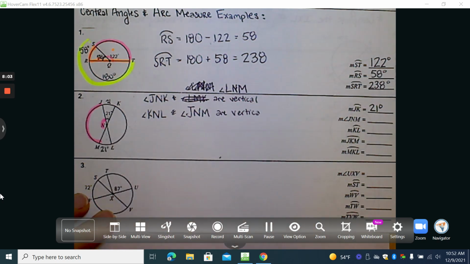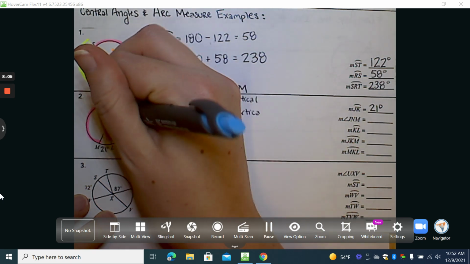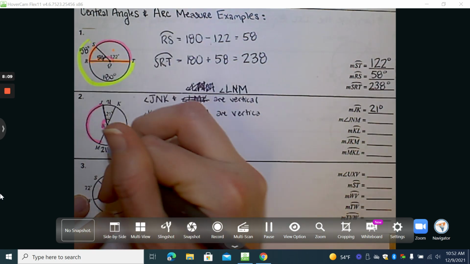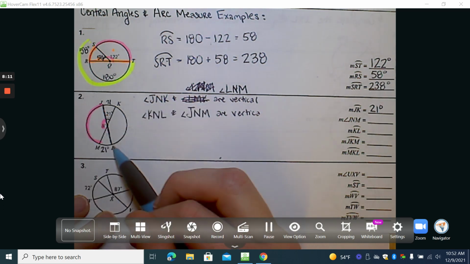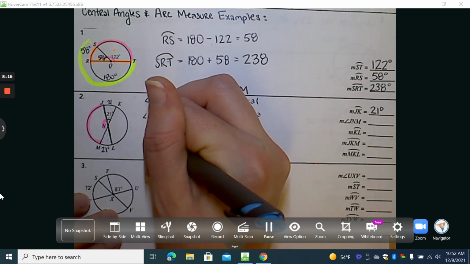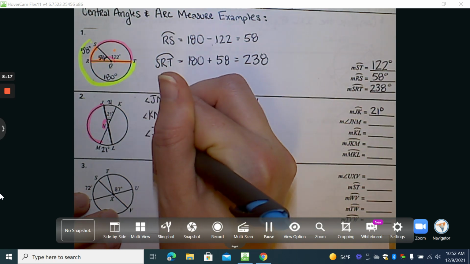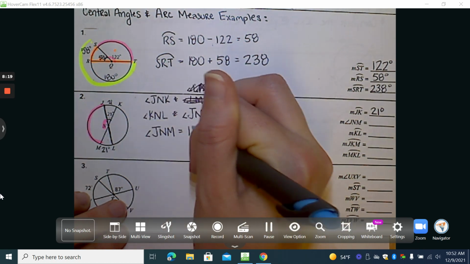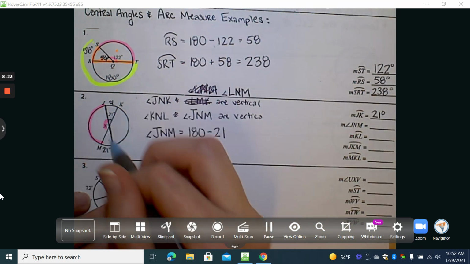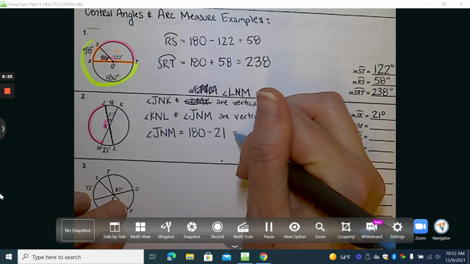The nice thing is that it does make a straight 180 degree line with an angle that I already know, 21 degrees. So for J and M, I'm going to just take 180 minus 21 because it makes a straight line with that 21 degree angle.